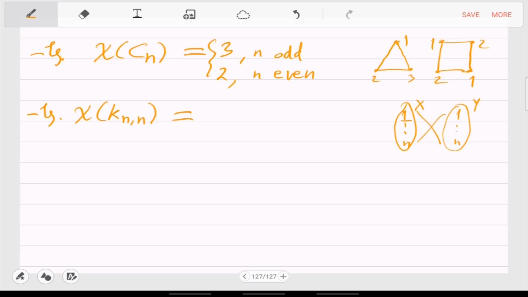Even with all the edges, it is just number everything here with 1 and here with 2, which is fine. So you get answer 2, which means also for any bipartite graph it's 2. It cannot be bigger than 2. It's either 1 or 2. When is it 1? Yeah, it can only be 1 if there is no edge in the graph, right?